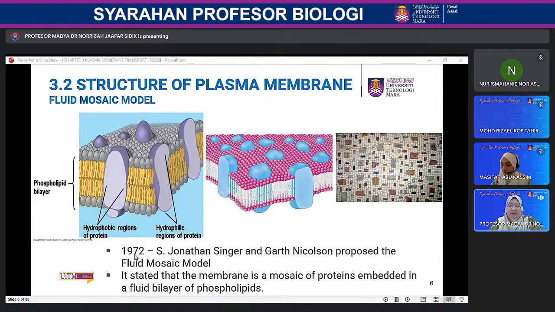In the fluid mosaic model, the plasma membrane is a mosaic of components, composed of phospholipids, cholesterol, and proteins, and they move freely and fluidly in the plane of the membrane. So this is a dynamic process.